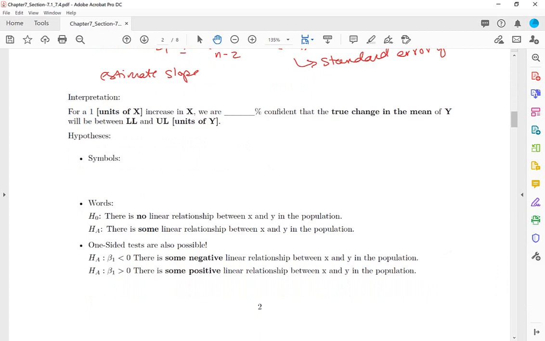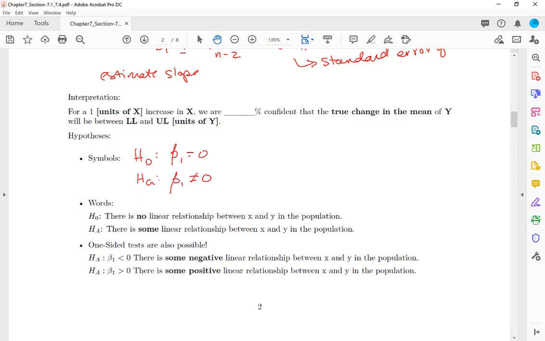When we're testing slope in symbols, our null hypothesis is that beta 1 is equal to 0. The true slope is equal to 0. The alternative is that beta 1 is not equal to 0 for a two-sided test. In words, there is no linear relationship between x and y in the population.